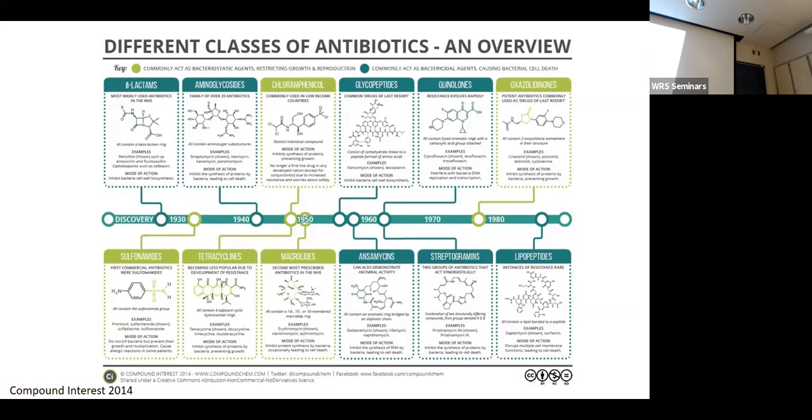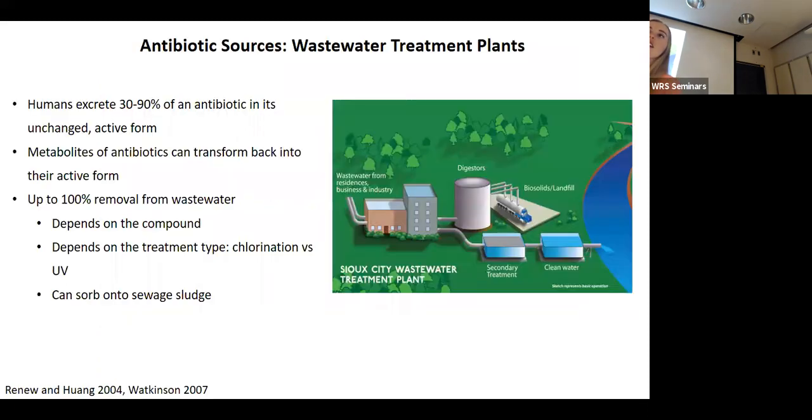So the antibiotic sources, we're going to start with wastewater treatment plants. And as I mentioned before, humans excrete 30 to 90% of an antibiotic in its unchanged active form. That's the general range that includes many different antibiotics instead of the 75% average. And so again, that just depends on the specific chemical properties of the antibiotic. When you take them, antibiotics can also be changed into metabolites, so they can be partially degraded.